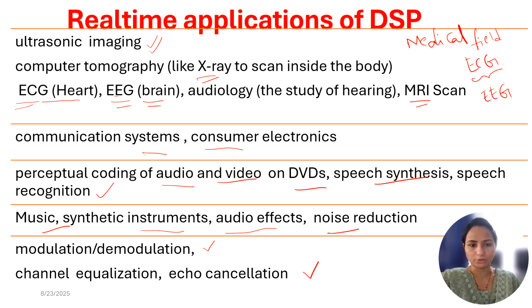These are very important applications of DSP in the medical field. We also have communications, electronics, audio, video, DVDs, speech synthesis, and music synthesis, right? In all these applications, we are using digital signal processing.